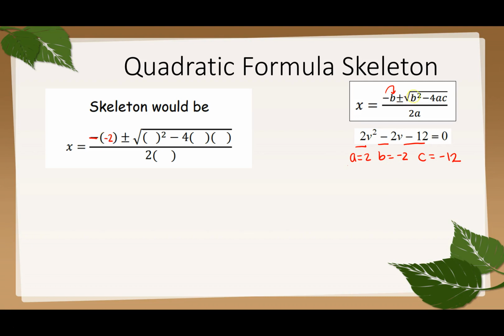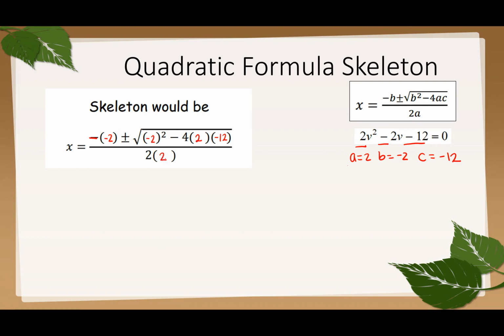Plus or minus, well, what do I do here? This is going to be a b squared, so that's going to be a -2 squared, minus, notice how there's going to be a 4. There's already a 4 in the formula right here. And then I'm going to put my A next, and then my C. So my A is 2, and my C is -12. All over 2 times A, so I'm putting an A here.